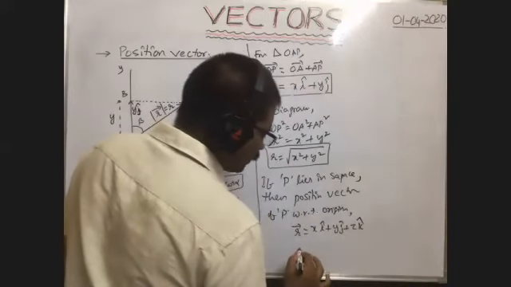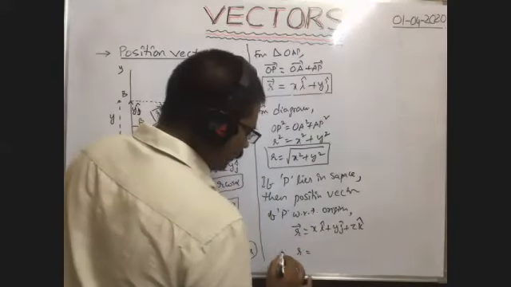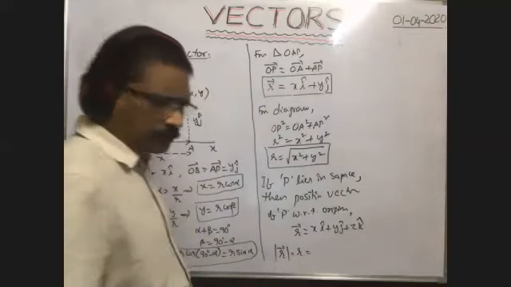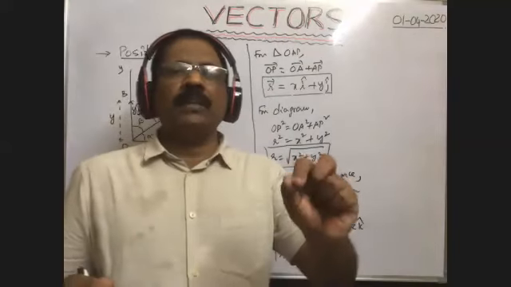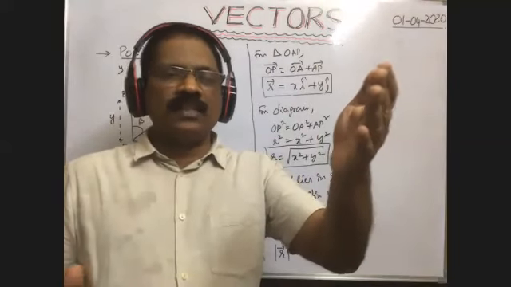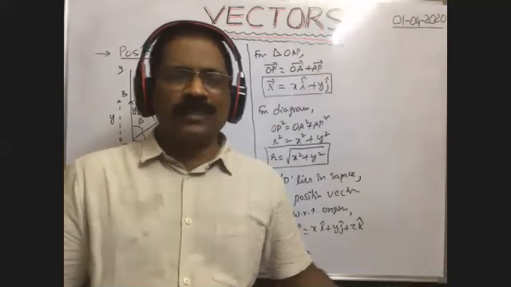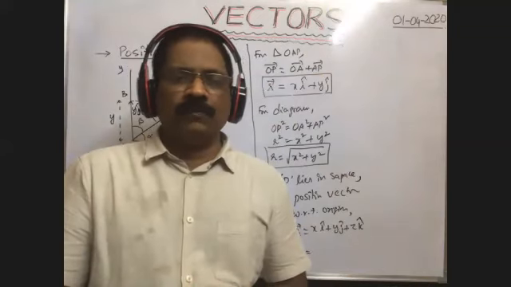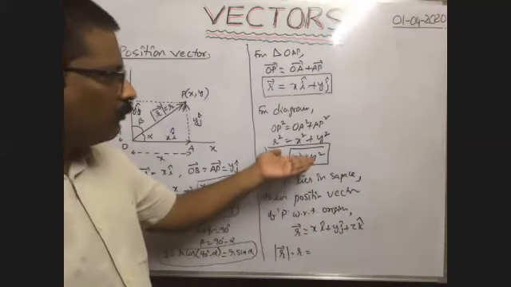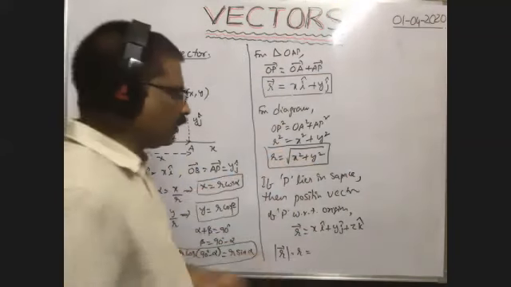Okay, then what is the magnitude of this position vector now? That is r, which is equal to, here, if any point P lies in space with coordinates x, y, z, then what is the distance of that point from the origin? In mathematics, you already know, it is the square root of x square plus y square plus z square. So here also it is the same.